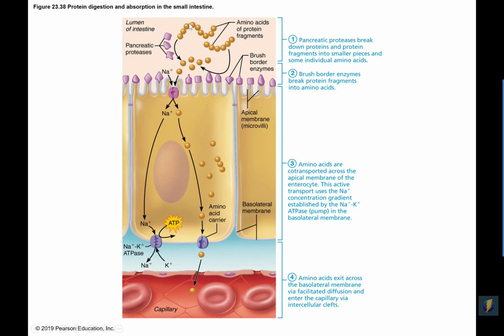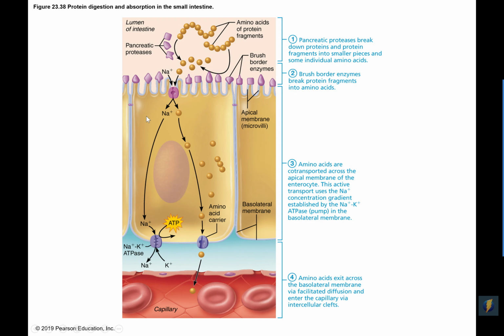So here you can see, here's your little amino acid fragments. They've already been broken down into fragments by the pepsin in the stomach. The pancreatic proteases break them down even further, and then the brush border enzymes get us down to single amino acids. Again, we use the sodium-potassium pump to actively pump sodium out of the intestinal cell into the interstitial fluid of the intestine.